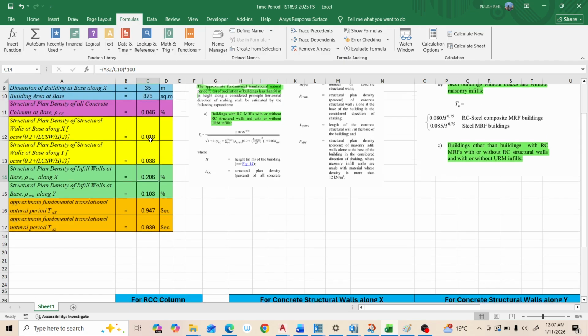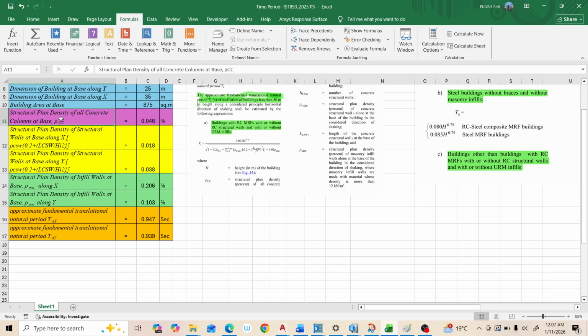So like that, for columns I can find out the ratios in terms of percentage. For structural walls also I can find out the ratios in terms of percentage. And for infill walls also I can find out that ratio in terms of percentage.